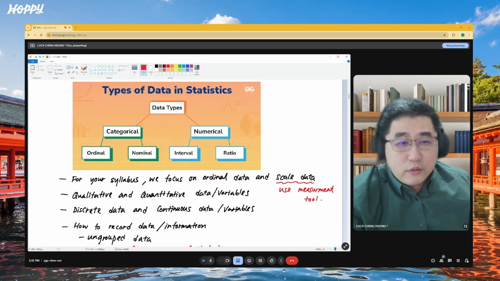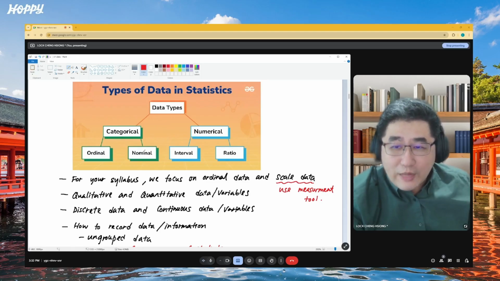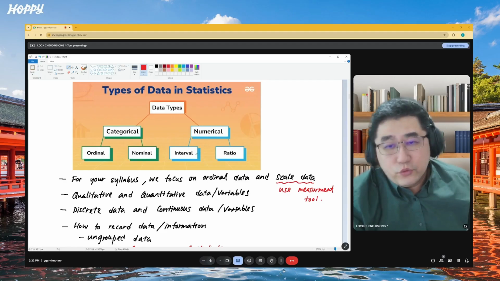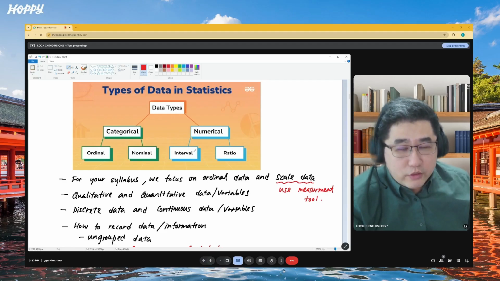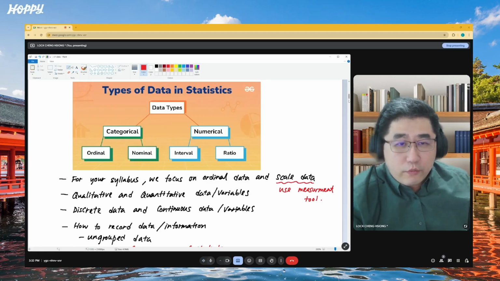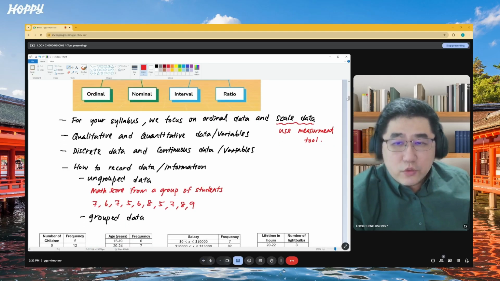Nominal can be in the form of color. Numerical, there will be a value, an interval of value, 0 marks to 100 marks for maths score, and so on. For your syllabus, we focus on ordinal data and scale data.